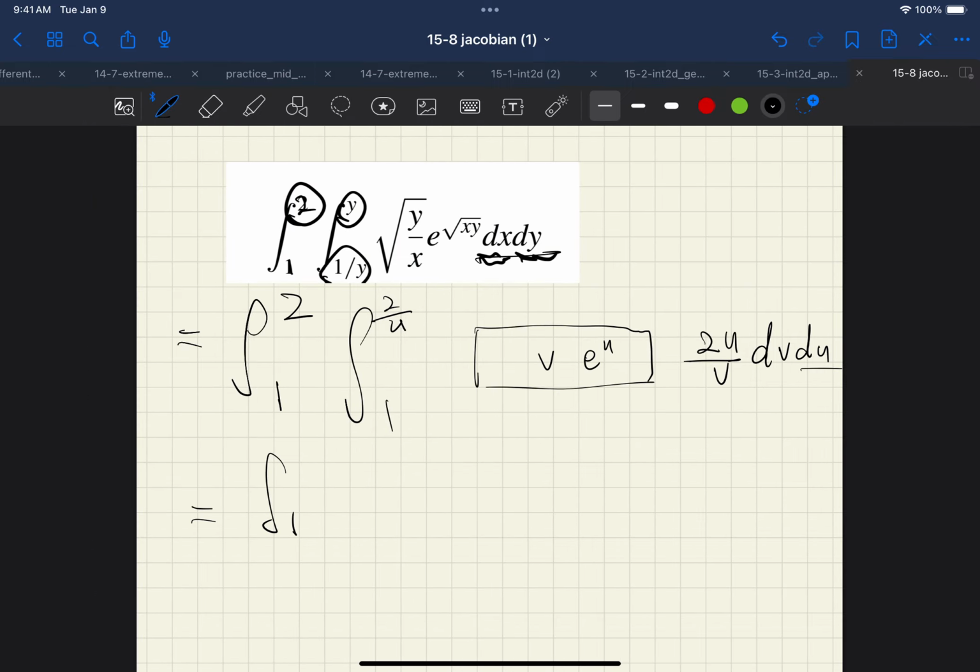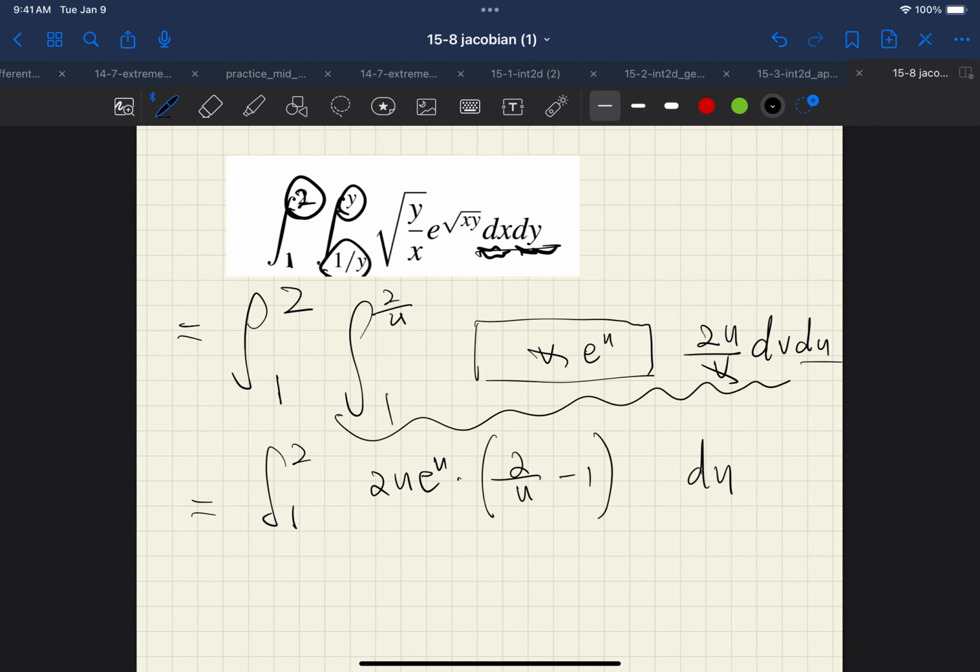Now, next computation. The v and v cancel, so inside of this there is nothing related to v, right? Also I can take out 2. So 2u e to the u is placed as a constant and multiplied by v, whose antiderivative evaluated is 2 over u minus 1, du. So that is the inner integral.